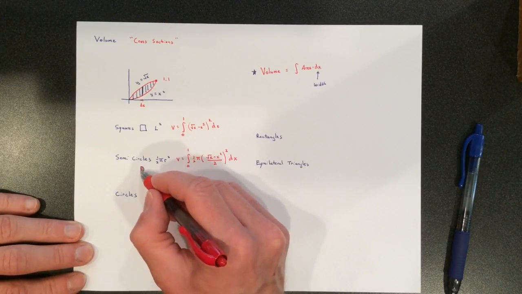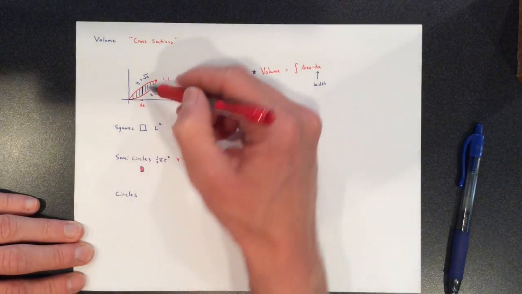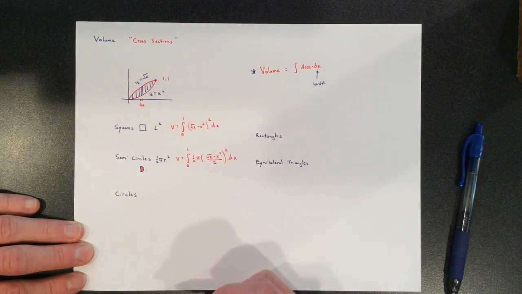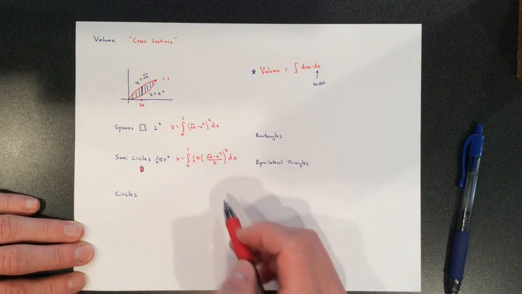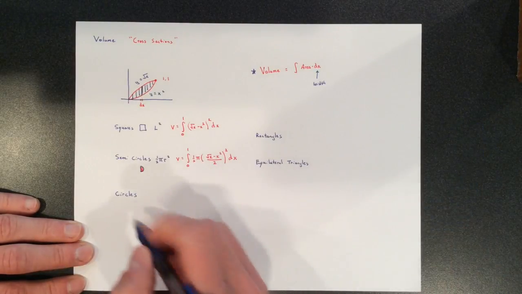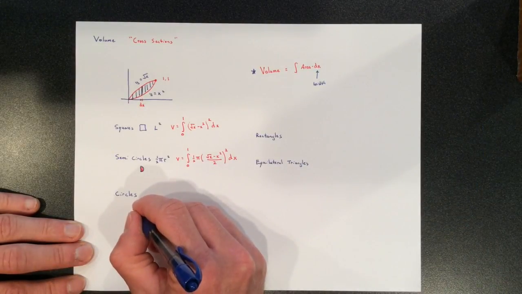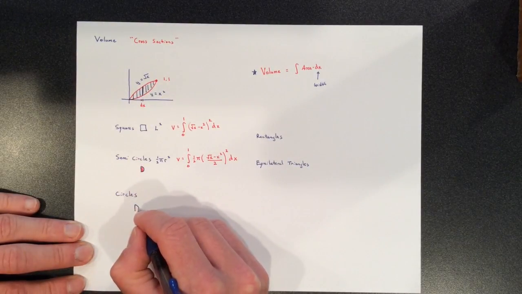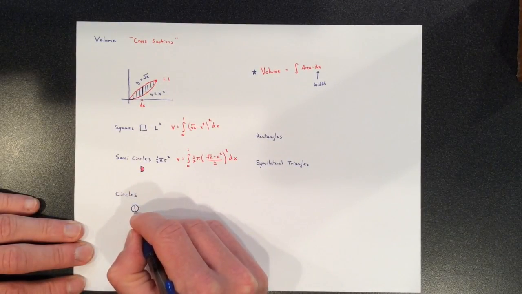Again, this distance L is the top curve minus the bottom curve, but this is the diameter of our semicircle, which would all come out of the shape like that. Okay, so we have to divide that by 2. If we just wanted circles, well then what we're doing is the diameter of the circle lies in the plane, and then it would come 3-dimensionally up, but then it would also just come down.